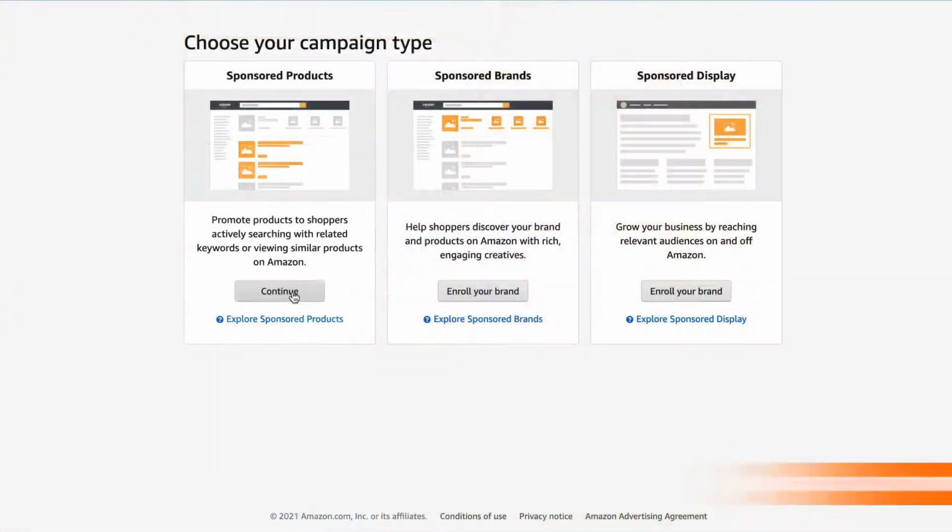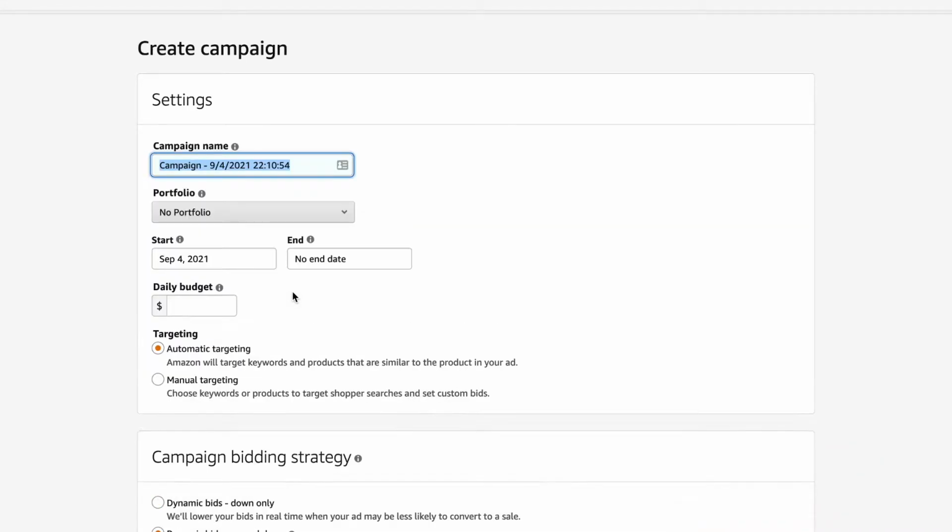In the same way, we need to train Amazon. We need to tell Amazon, you need to find products that are actually related to my product and show my product under them. For that, you need to start an auto campaign. Let's say you have a monthly budget of $1,000 or $500 for PPC; put a higher amount over there.